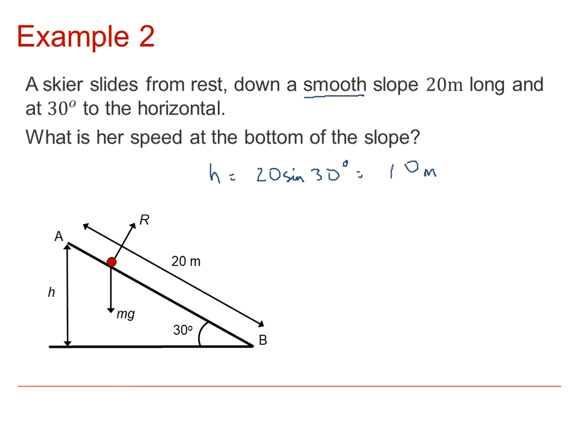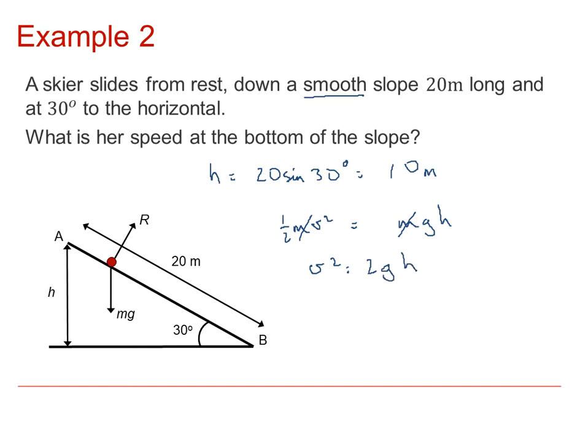So the gain in the kinetic energy at the bottom, 1/2 mv squared, will be equal to mgh at the top, and we can therefore see that the m's cancel, and v squared is 2gh.